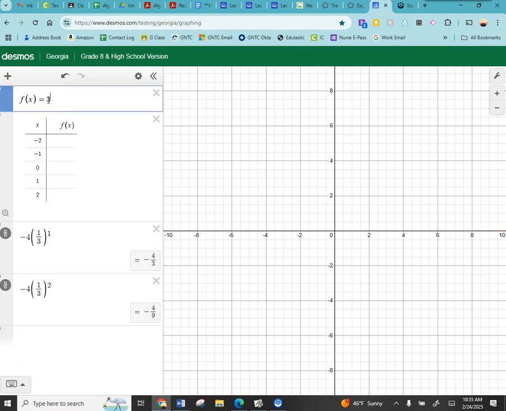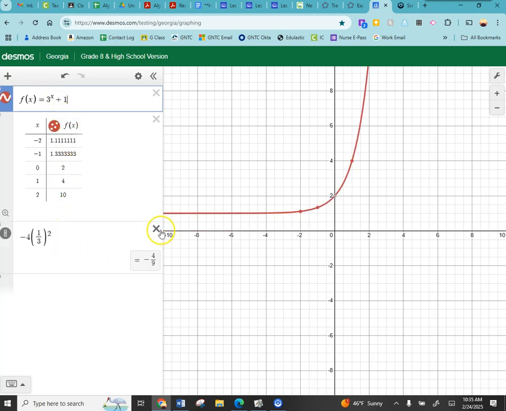Three to the x plus 1, right? You can come over here and copy that and paste it. I would almost say, if it were me, I would get a wireless mouse for the EOC so that you can move this a lot faster.